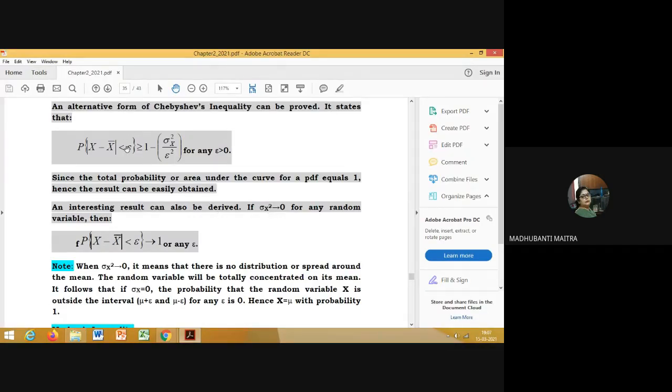Then this probability will tend towards 1, since sigma x is tending towards 0. Hence this probability, that is mod x minus x bar less than epsilon, will tend towards 1 for any value of epsilon.